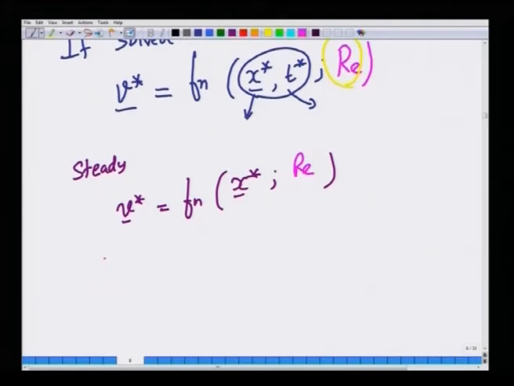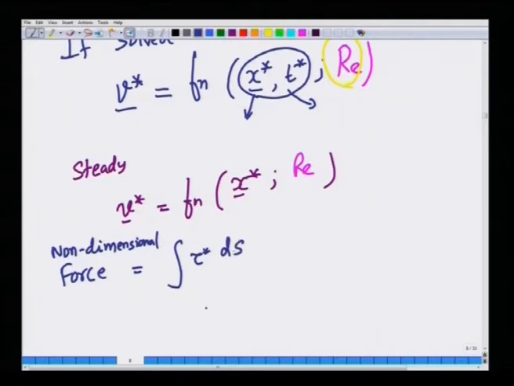Now, if you were to find the drag force from this, the force is equal to the integral of the viscous shear stress. The non-dimensional force will be the integral of the viscous shear stress over the surface of the sphere, roughly speaking.